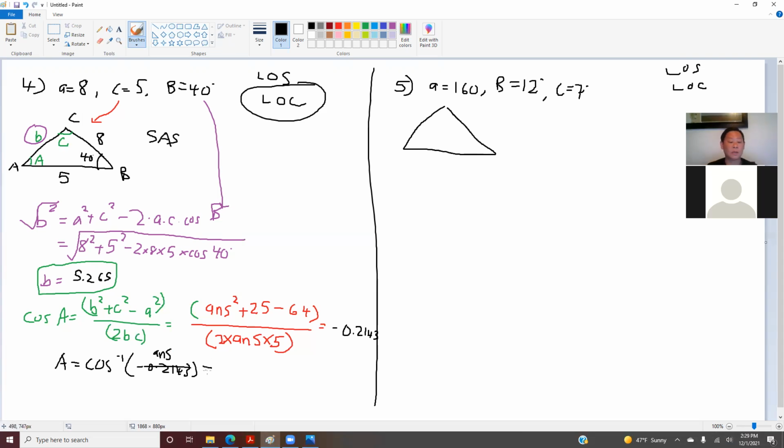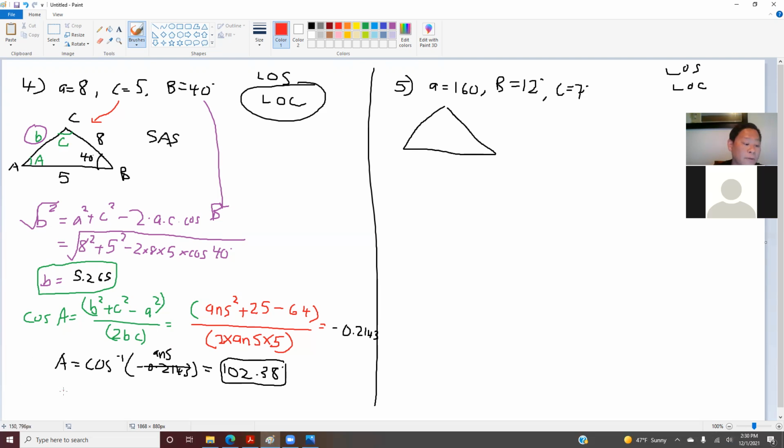Otherwise, you have to type in those numbers. So the arc cosine of your answer here is 102 point something. And usually we want this in 2 decimals. So now we found angle A.